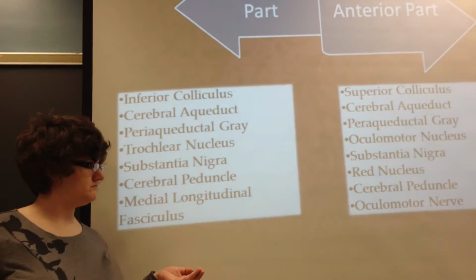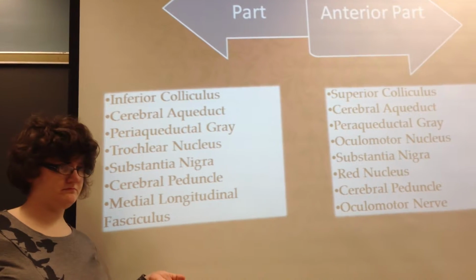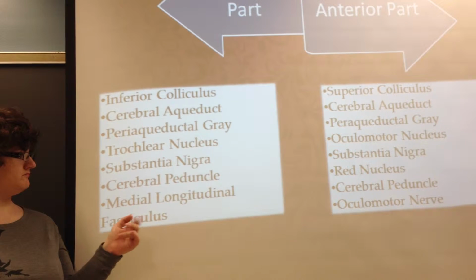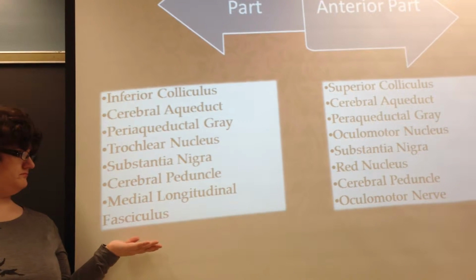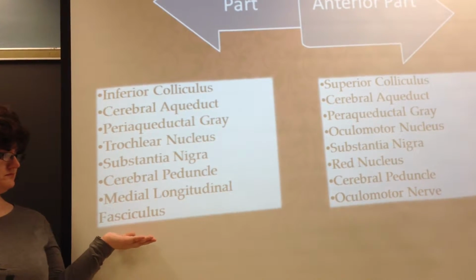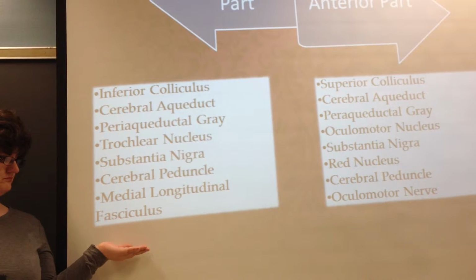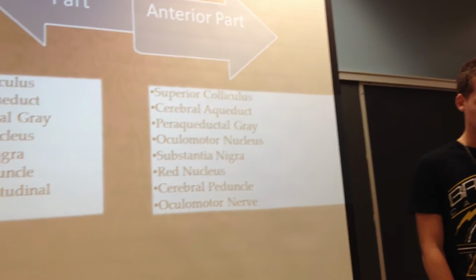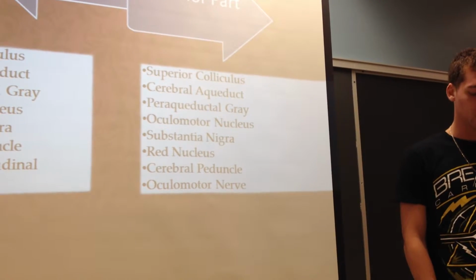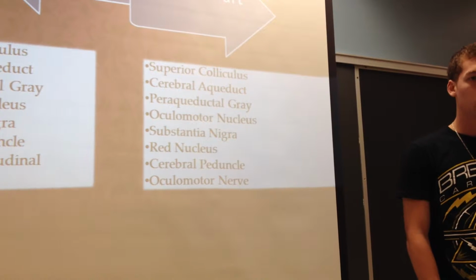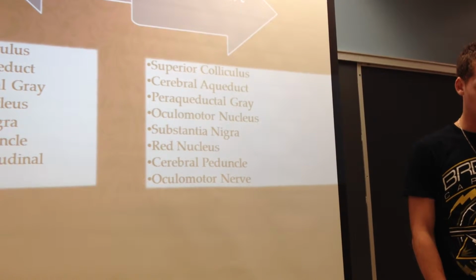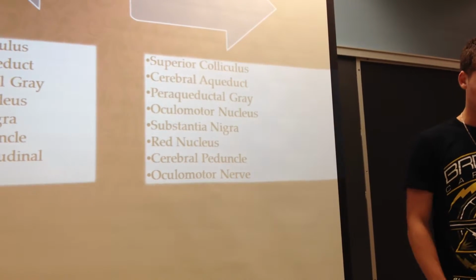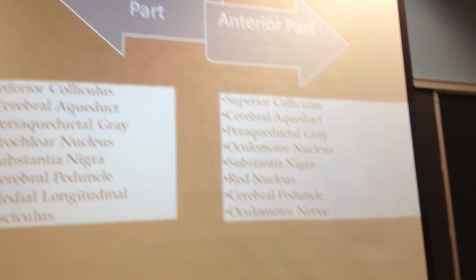In the posterior part, there's the inferior colliculus, the periaqueductal gray, trochlear nucleus, substantia nigra, cerebral peduncle, medial longitudinal fasciculus, and the anterior part has the superior colliculus, cerebral aqueduct, periaqueductal gray, oculomotor nucleus, red nucleus, oculomotor nerve, and the substantia nigra.